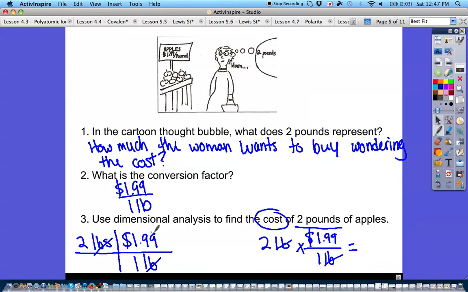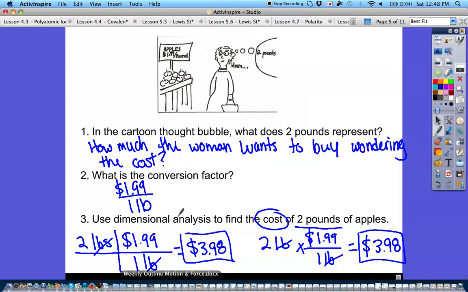So we're just going to take 2 times $1.99, and that's going to give us $3.98 as our total cost. The only unit we're left with is that dollar sign. We don't have any other unit left because that is the cost. It doesn't ask for cost per pound, it just asks for the cost.